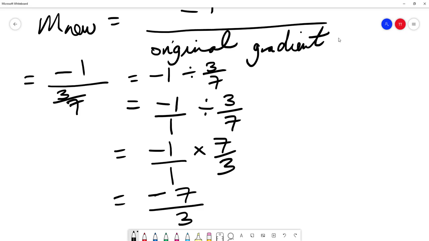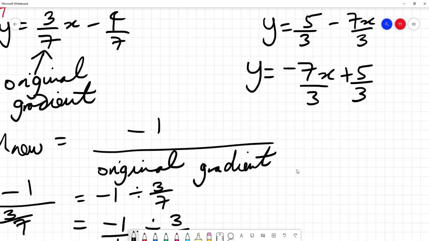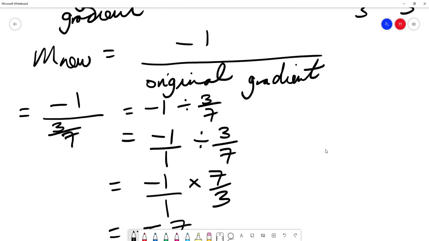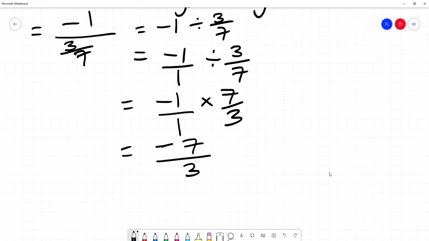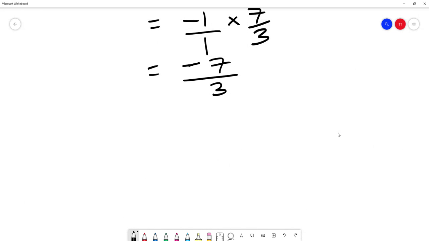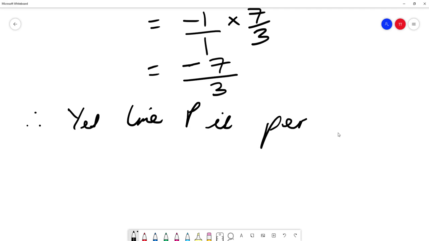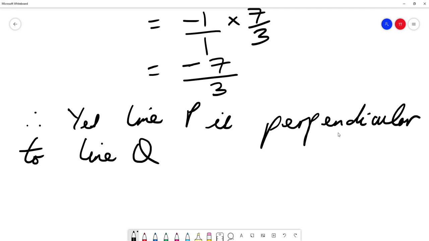And this is exactly the gradient of line Q. So we can say both lines are perpendicular. Therefore, yes, line P is perpendicular to line Q.